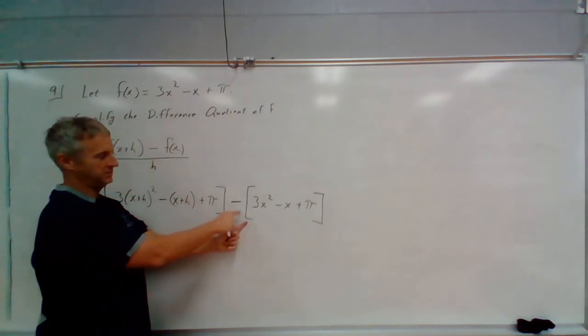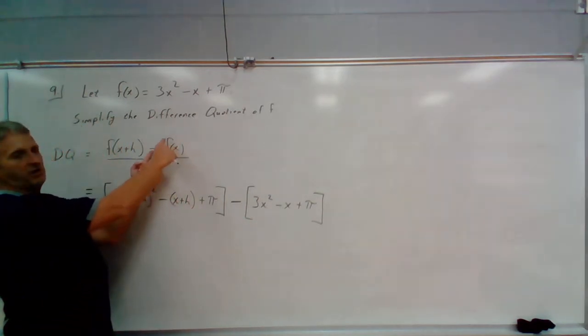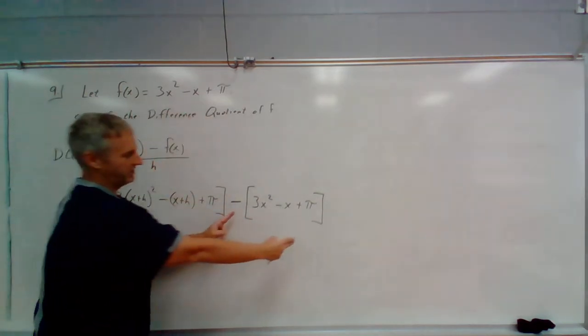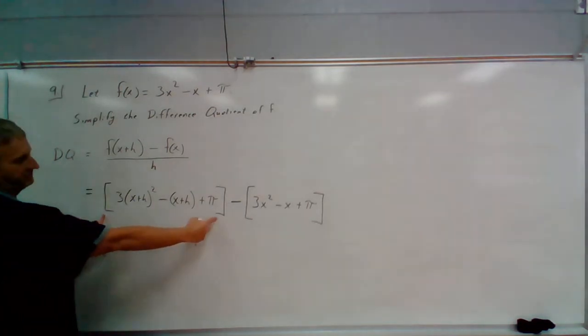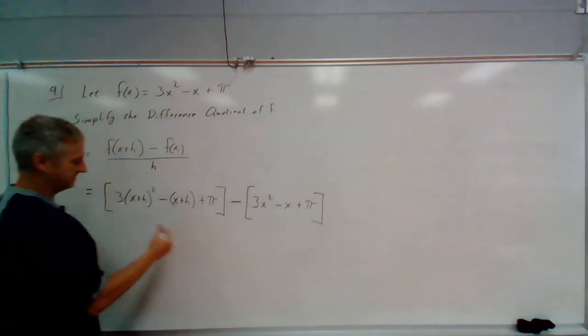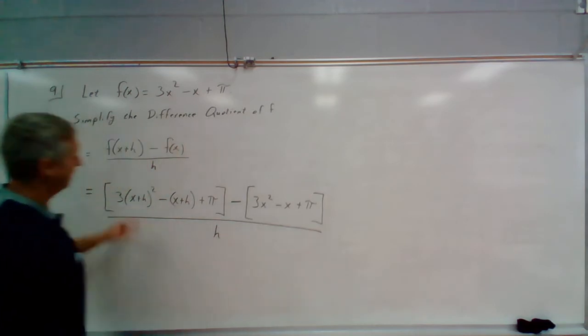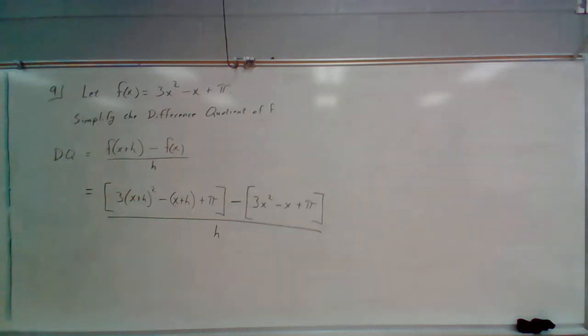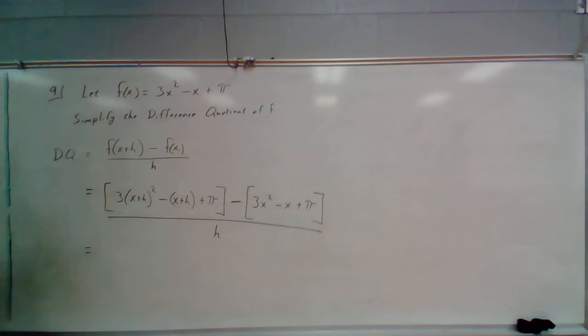You have to subtract the whole entire function. Got to have it in parentheses. All right, so far I've got f of x plus h minus f of x all over h. So this is the difference quotient applied to this function. Now we're going to simplify all this mess.